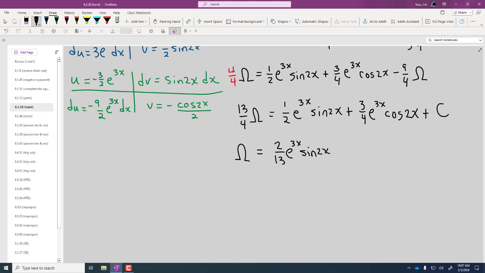And then when 4/13 comes over here, the 4's cancel, so we'll have 3 over 13. Yes, 3/13, plus the constant.